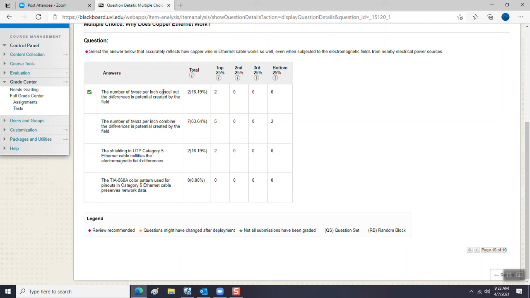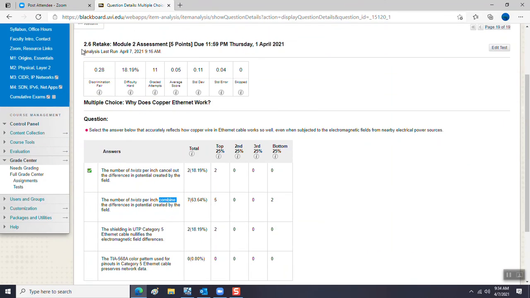It's the cancellation of those interferences that makes twisted pair, unshielded twisted pair and shielded twisted pair, categories 5 and higher Ethernet cable, one reason why they work so well. It's the cancellation. You're not adding them together, you're canceling out.